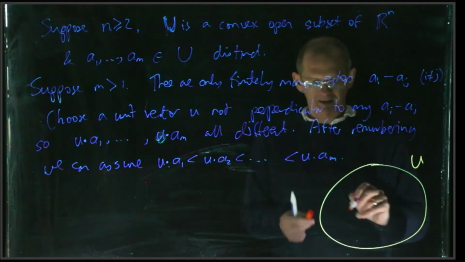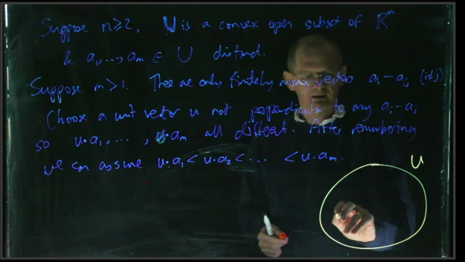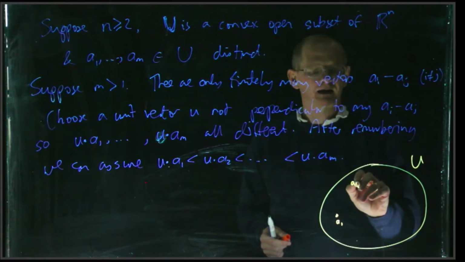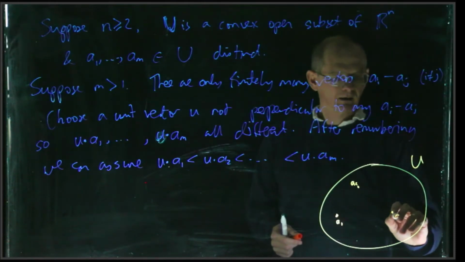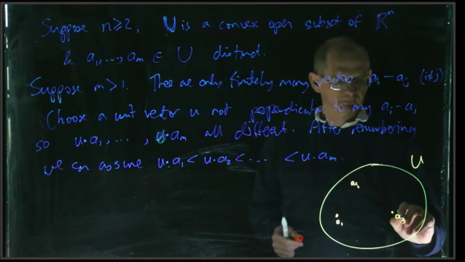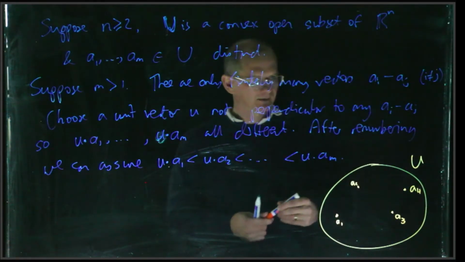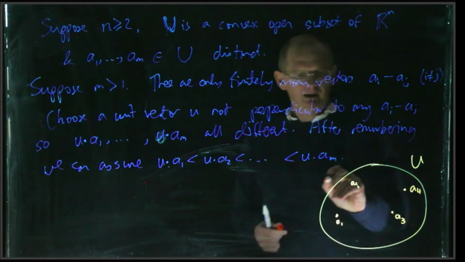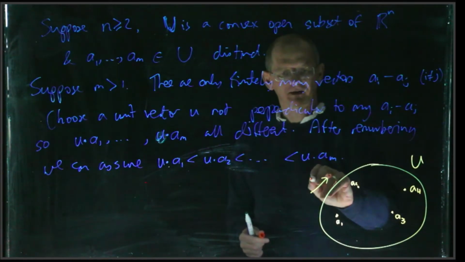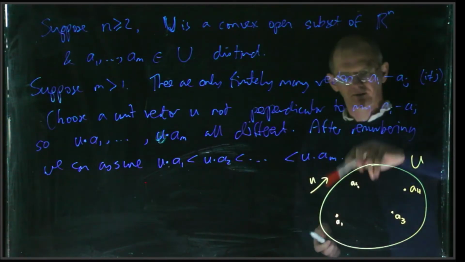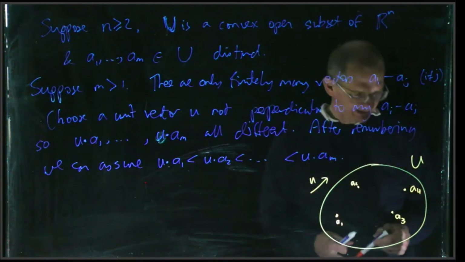This is going to be my u, my a1, a2, a3, a4, say. And then I take my unit vector u to be like this, so that the dot products with u increase along here.